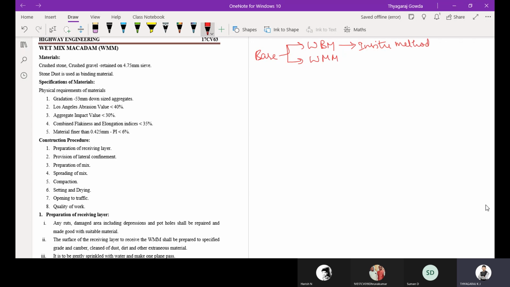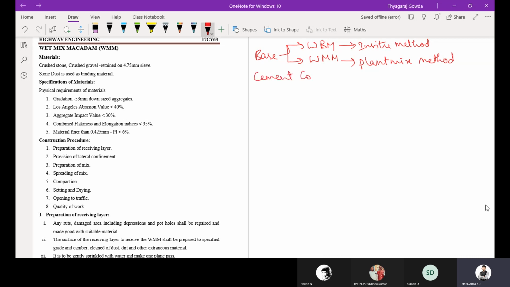As we all know, in situ method means we are going to construct the WBM layer only at the site. But wet mix macadam is a plant mix method. In the plant you mix it and bring it, similar to cement concrete.